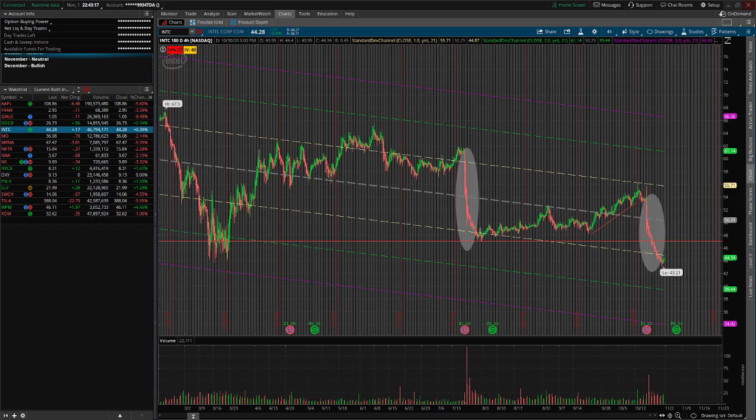If you sell to open, you're in the position. If you buy to close, you're out of the position. Yes, it's the exact opposite of buying to open and then selling to close.